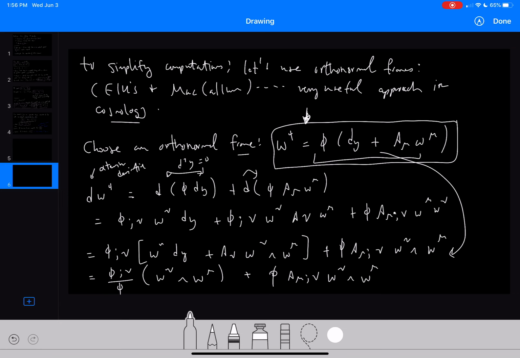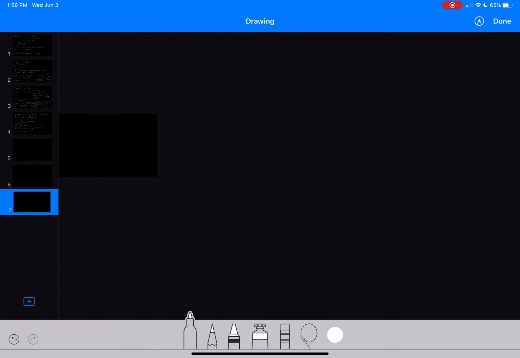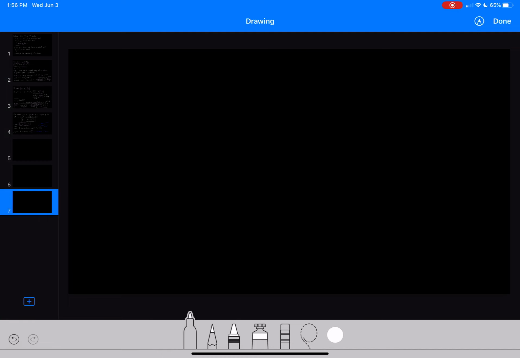Okay, and we can even make yet another simplification, because you guys know from just calculus, this component here can be written as the derivative of log phi, right? So we can write this as the covariant derivative of log phi, and then just the same terms carry forward, right?